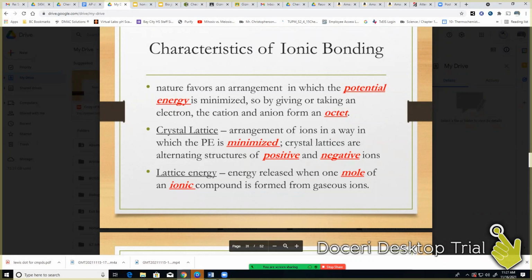Think of little sodium chloride crystals of table salt, with alternating positive and negative ions. Lattice energy is kind of like bond energy. The higher the lattice energy, the stronger the bonds.